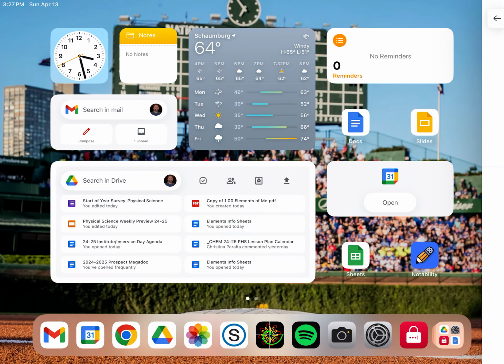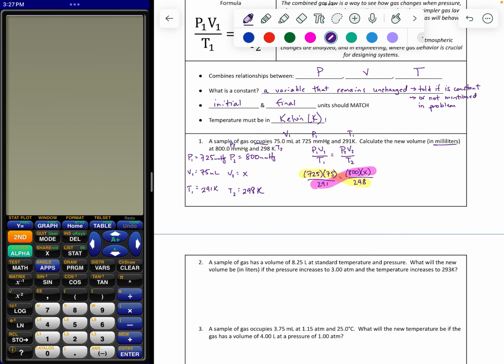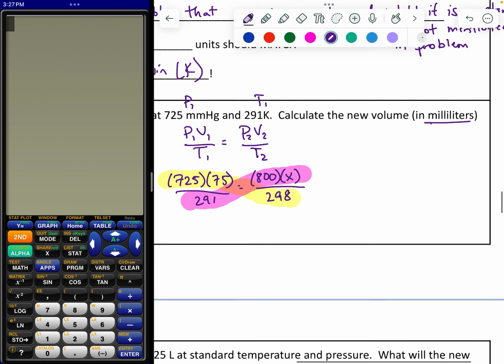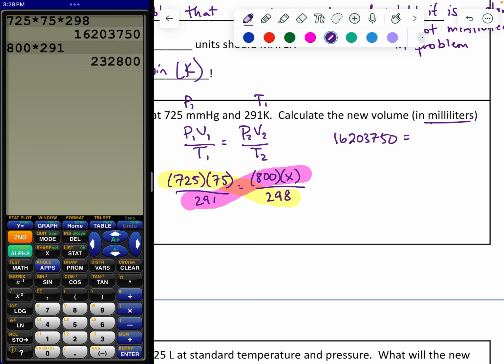So let's do this in the calculator here. Let's simplify these sides. I'm going to do the yellow side first, or whatever side has all of the numbers, not the variable. So this is 725 times 75 times 298. That gives us a pretty big number. And it's okay. Don't be intimidated by big numbers. They are perfectly normal. So I'm going to write this out in its entirety, and that's going to be equal to whatever 800 times 291 times x is. So 232,800 times x.